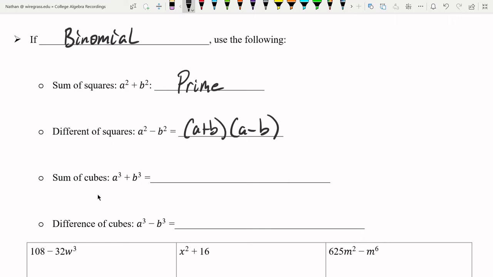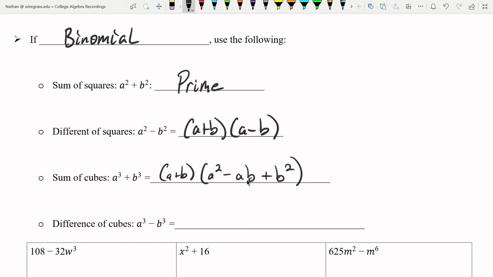If it's the sum of 2 cubes, then this can factor down into a plus b, then a squared minus ab plus b squared. A plus b is a nice factor there. A squared minus ab plus b squared is actually prime.